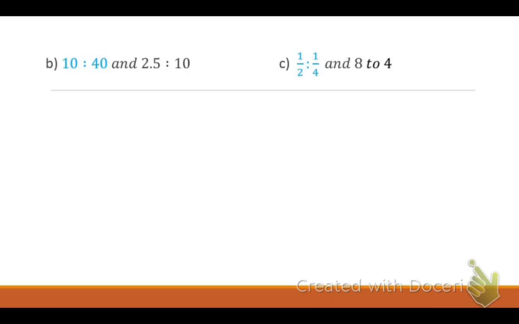On B, I want you to set up your proportion: 10 to 40 equals 2.5 over 10. We're going to practice our cross products. Remember, you are allowed to use your calculators, but I would prefer it to be more of a backup method versus the main. Do not do 10 times 10 in your calculator.